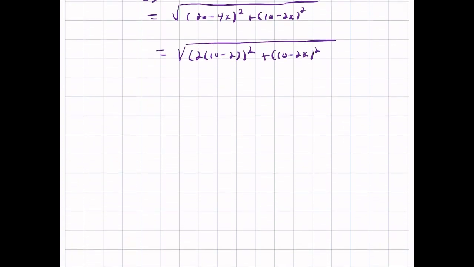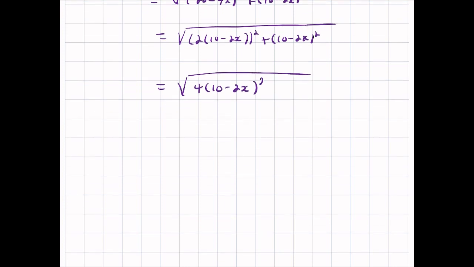So now I square this term here, get rid of the 2, factor out the 2, and this becomes 4 times 10 minus 2x squared. Sorry, I'm screwing this up because as I'm looking up here, I'm realizing I didn't write the x in. So there we go. And then 10 minus 2x.